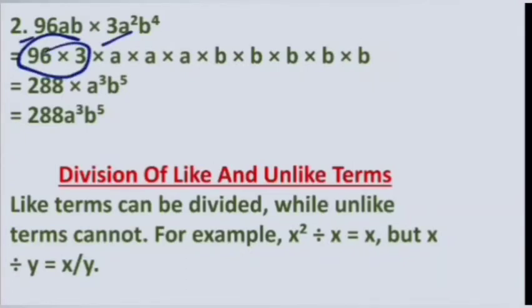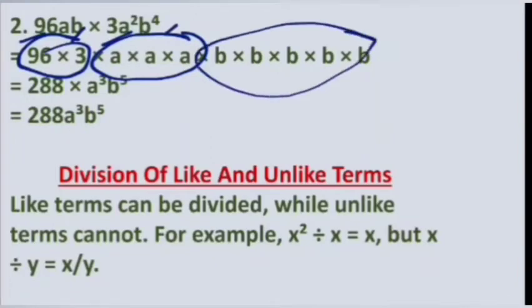Then the letters, when you count them, you're going to have 3 a's. So you multiply them out, expand them. Then if you count the b's also, you have 5 b's. Also multiply them out. So a times a times a, as usual, will give us a raised to the power 3, a cubed.